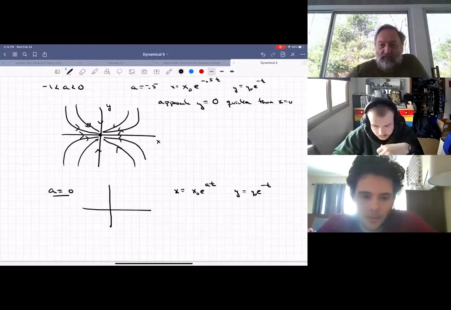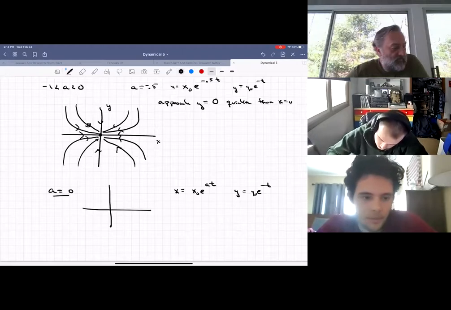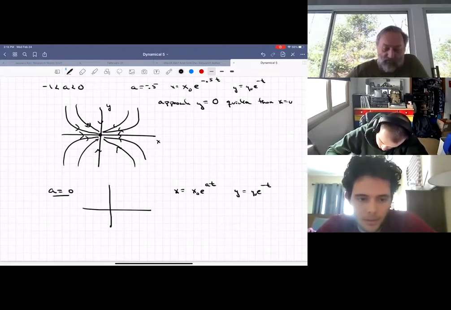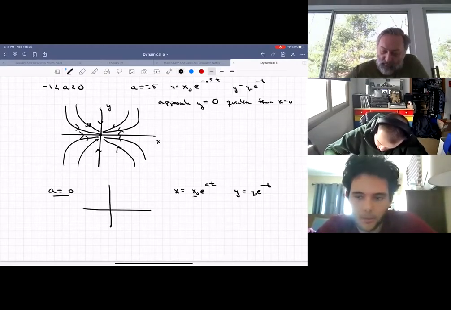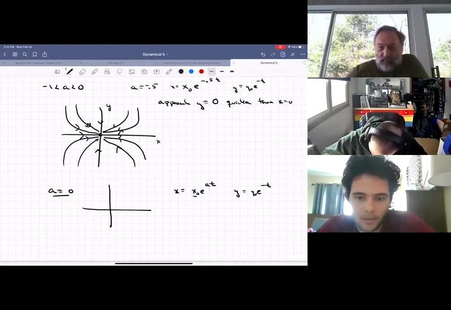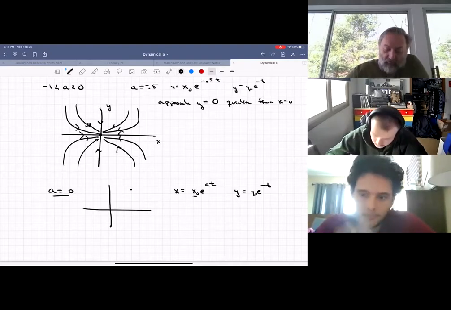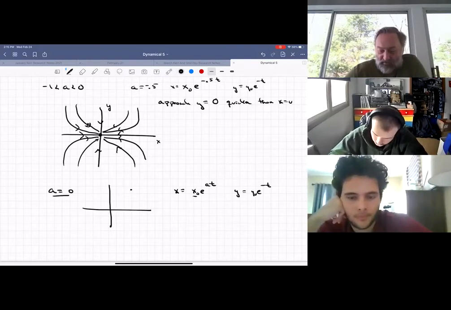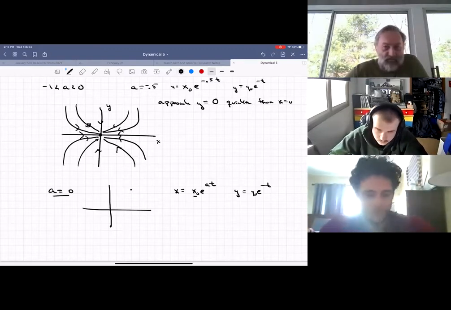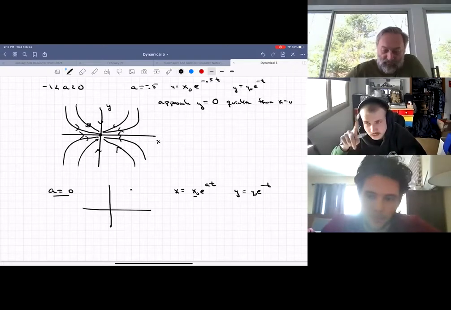It's just going to be fixed. Well, 1, because e to the at, e to the 0 is 1. So x is equal to x naught. That's right. So if I start right here, what happens to me? The x component just stays there. It just comes down.